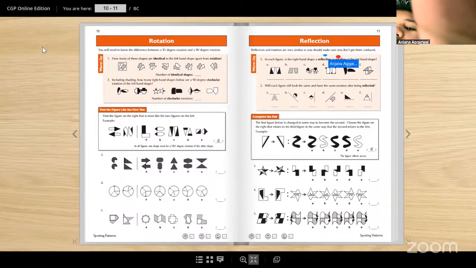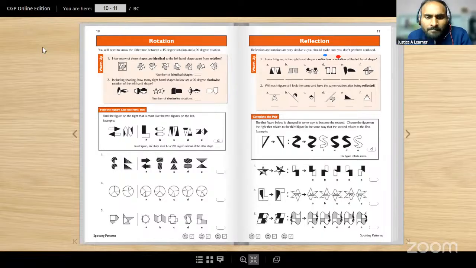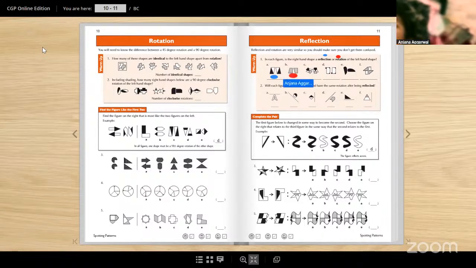This one is reflection. Next is rotation. Next is also rotation.